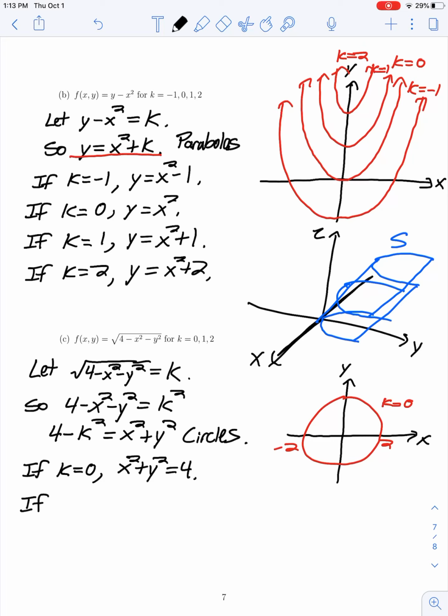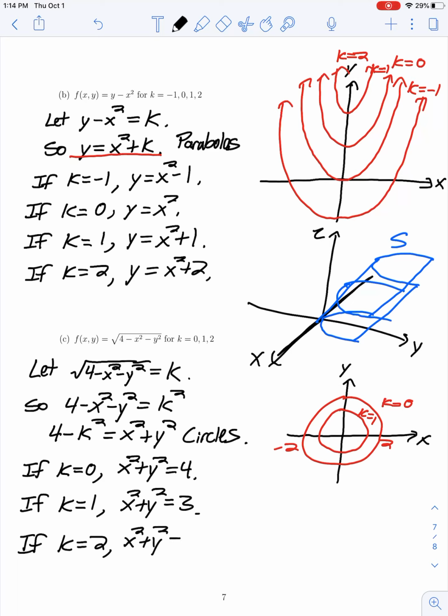Now if k was equal to 1, we would have x squared plus y squared is equal to 3. So again, a circle centered at the origin, now of radius square root 3. And if k is equal to 2, then we have x squared plus y squared is equal to 0.